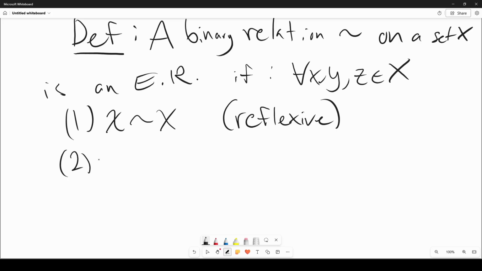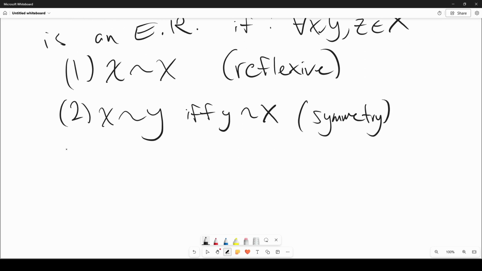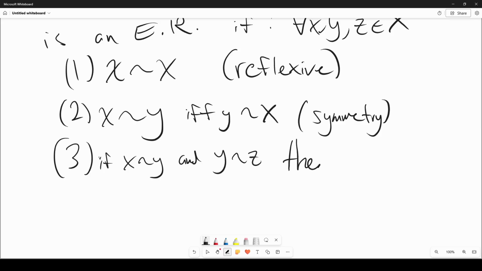The second property is x is equivalent to y if and only if y is equivalent to x. This is usually called the symmetry property. And then finally the third one is that if x is equivalent to y and y is equivalent to z, then x is equivalent to z.